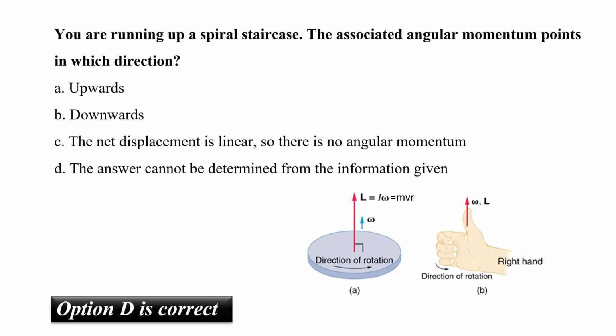The direction of the thumb determines the direction of the angular momentum, but the direction of the curled fingers determines the direction in which the object moves in the circle, that is, clockwise or anti-clockwise. In this case, we do not know the direction of motion around the spiral staircase, that is, whether it is clockwise or anti-clockwise. So option D is correct.